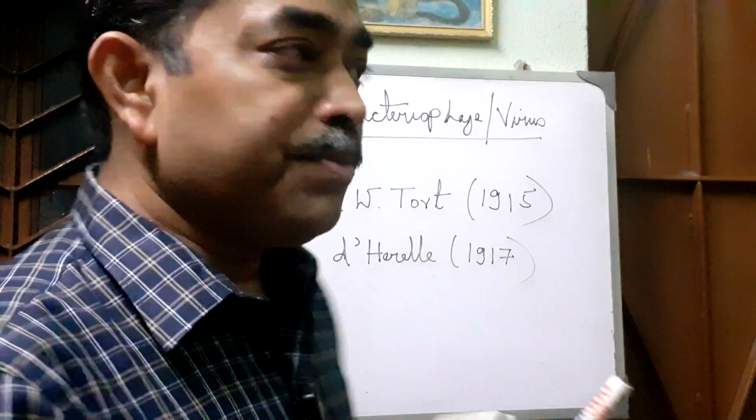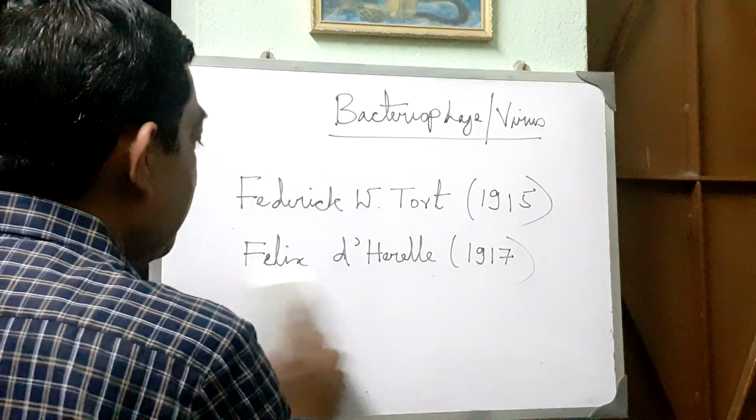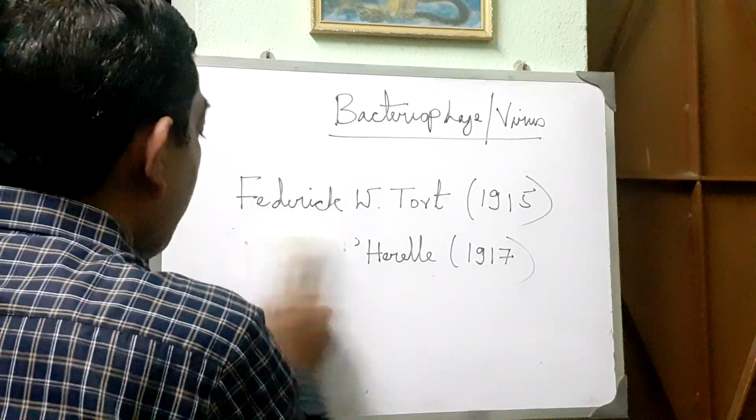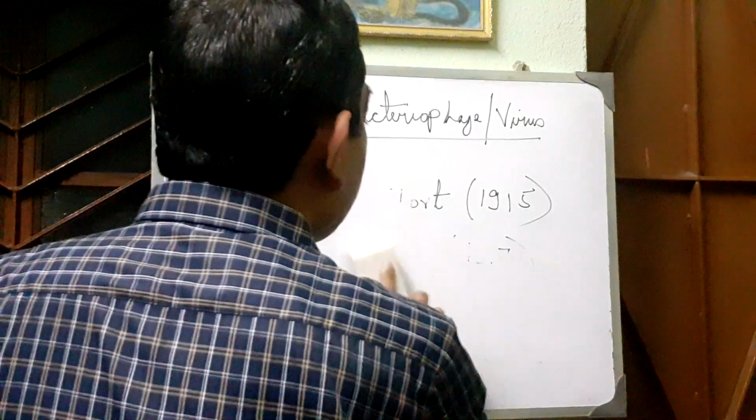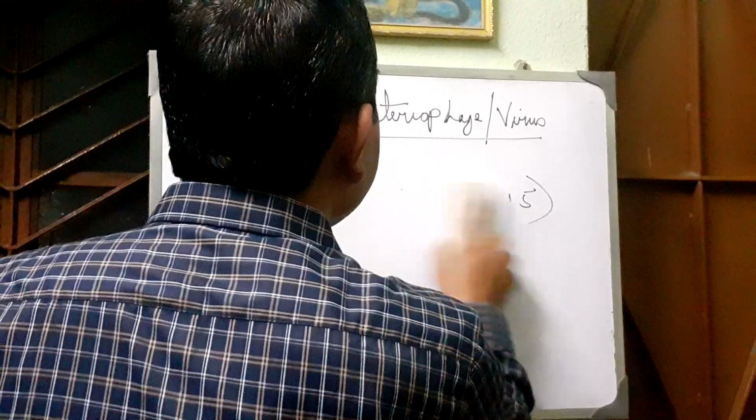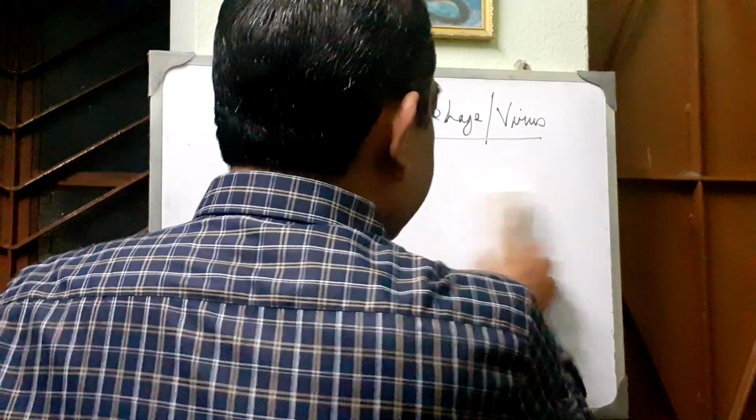Now these viruses are very small in size, we know that. So outside the host cell, it is very difficult to control these viruses. We know that during the pandemic of the coronavirus, we have seen that it is very difficult to control the coronavirus outside the host cell also.